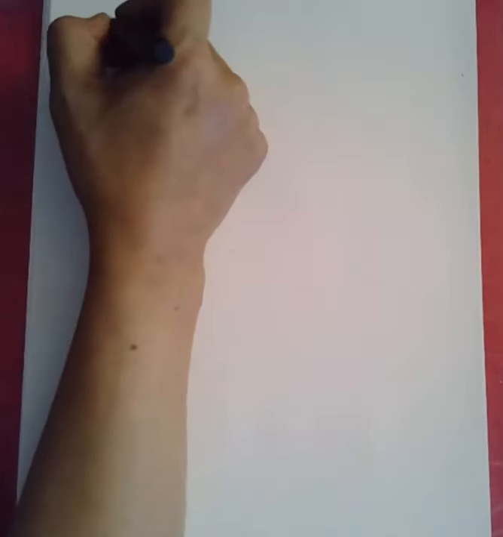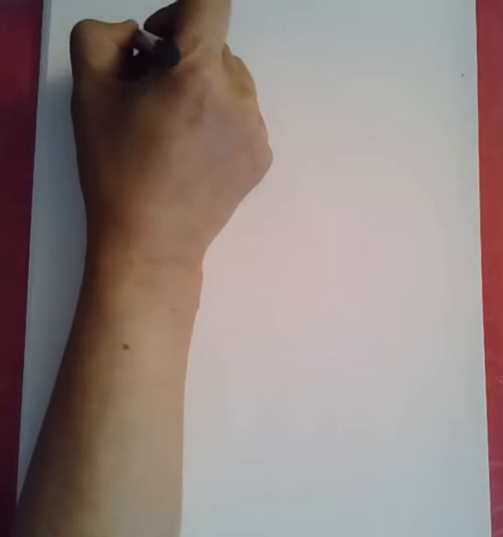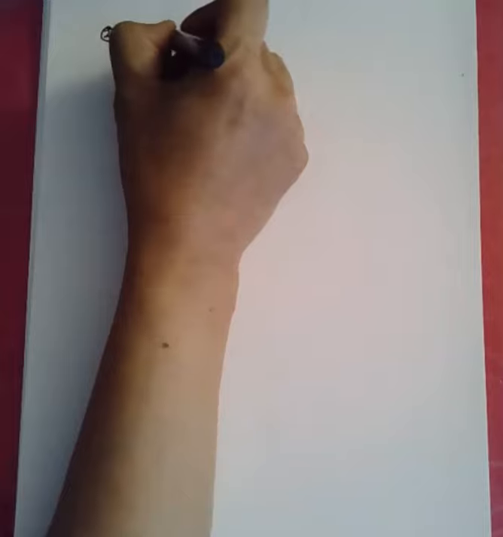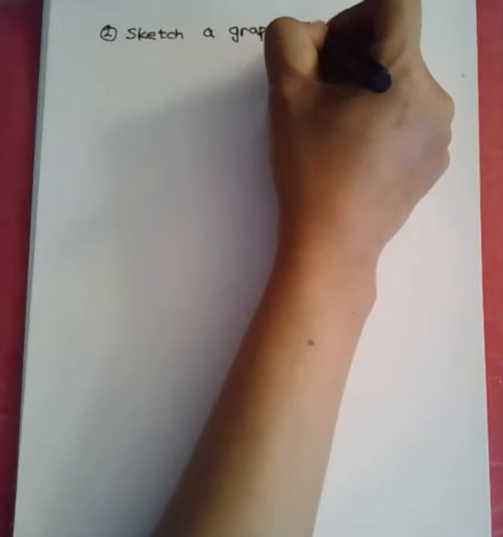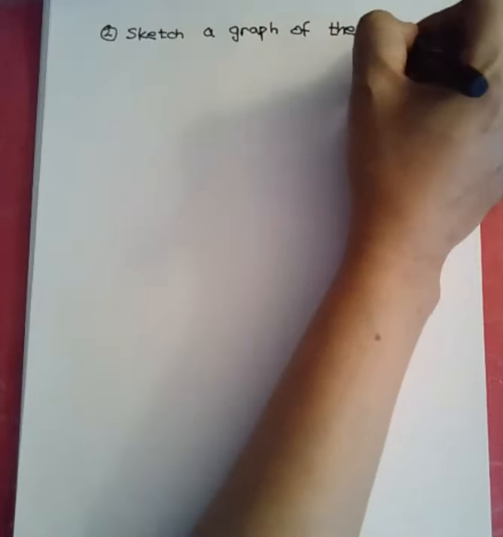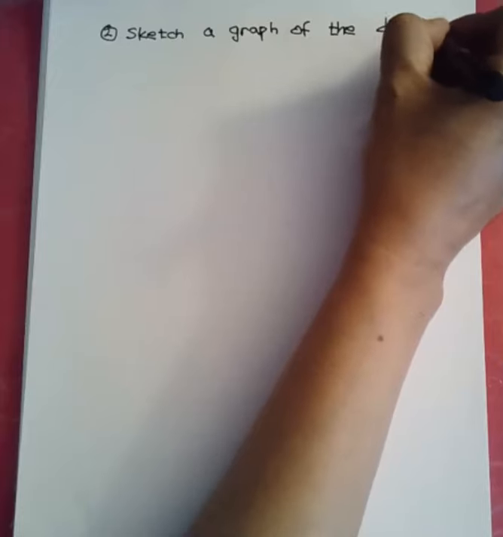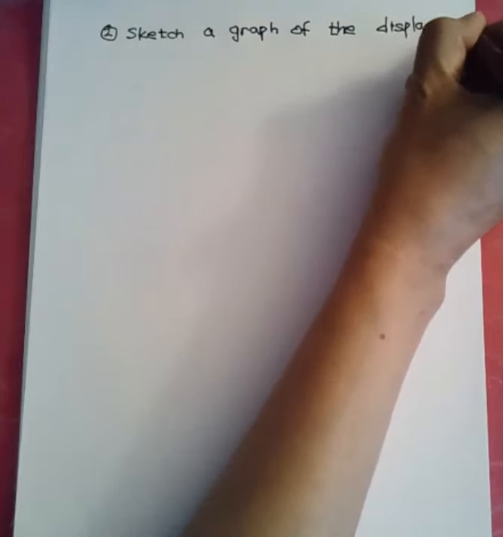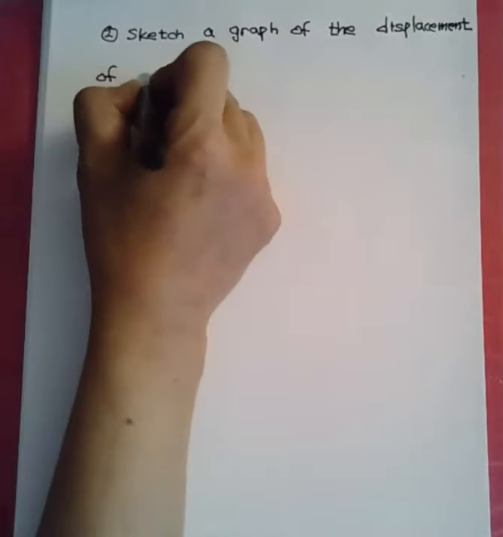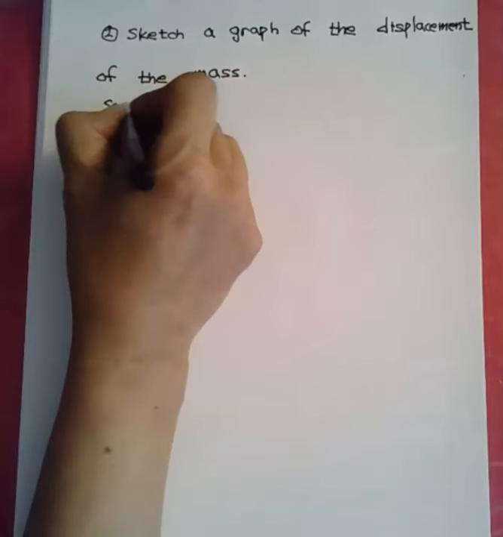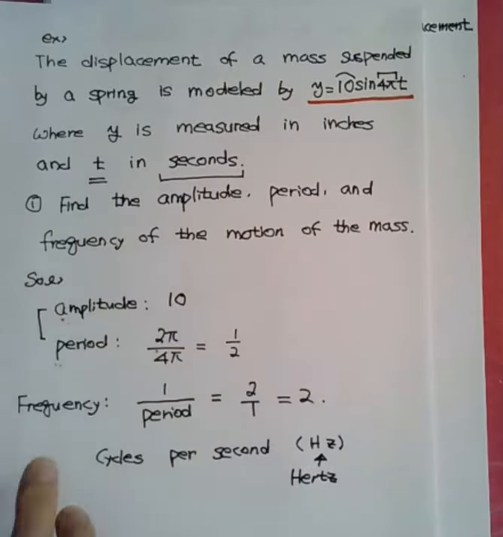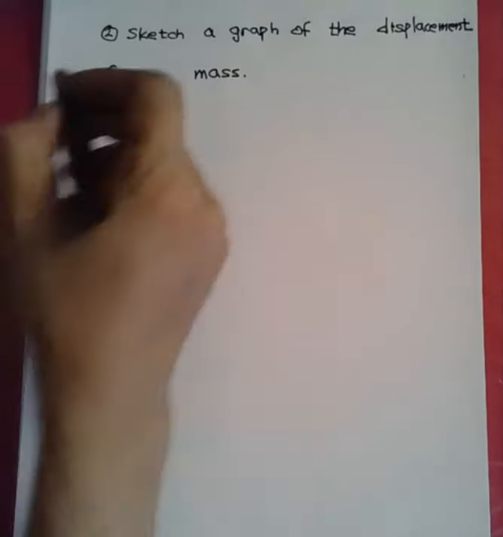In the second problem, we want to sketch the graph of displacement of the mass. When we graph sine and cosine functions, we considered amplitude and period, and we needed key points.